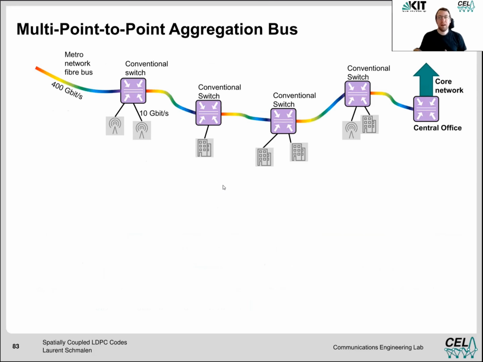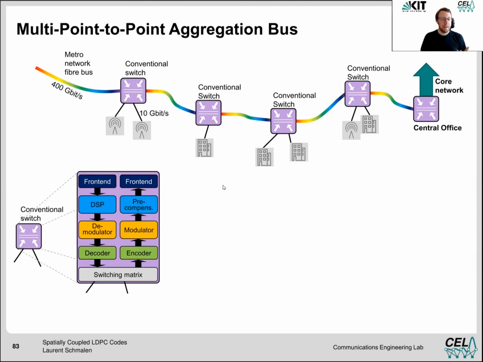So we looked at a network, something called the metro network, which connects different buildings on a campus or different mobile access networks. And we have a fiber-based network. In each of those hops in the middle of the network, we have switches. The way these switches work is that they have implemented the full physical layer.